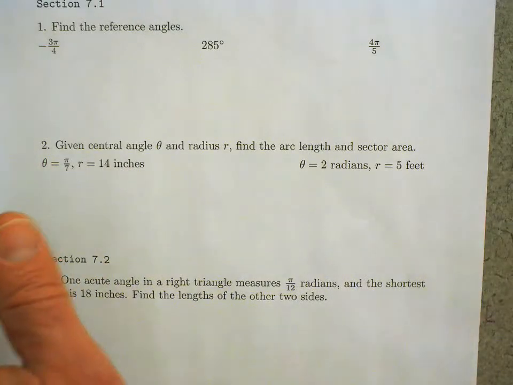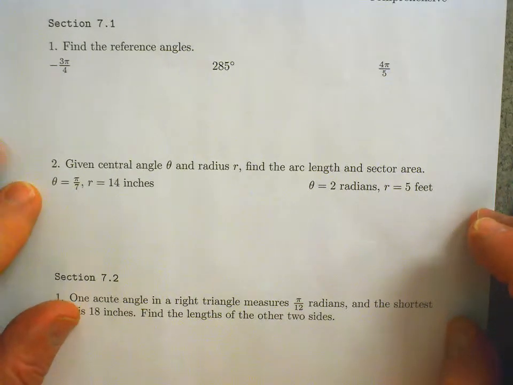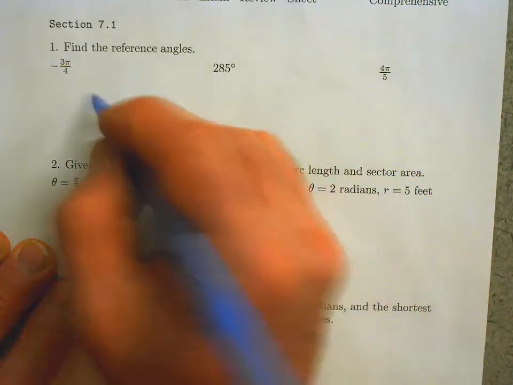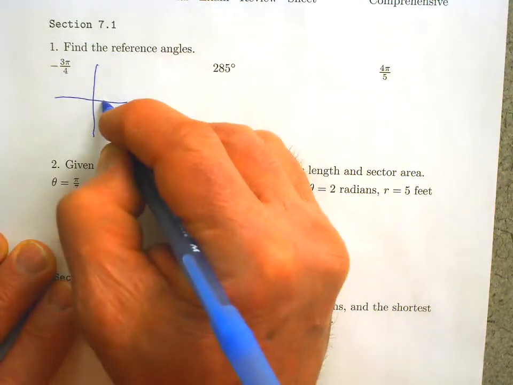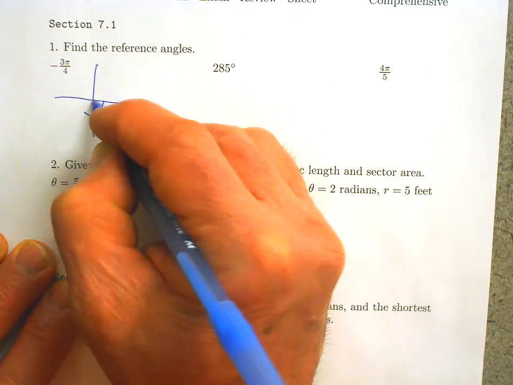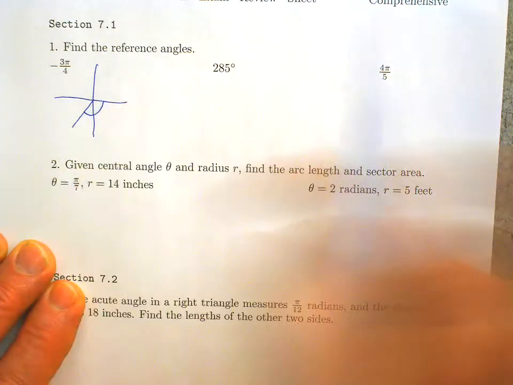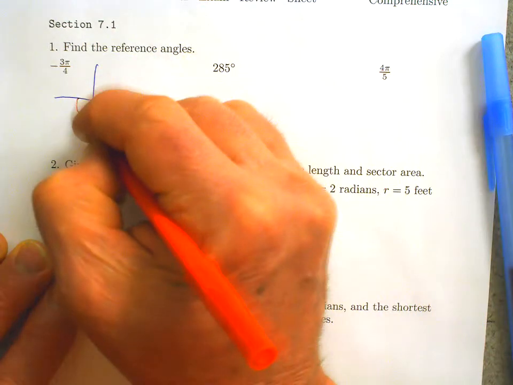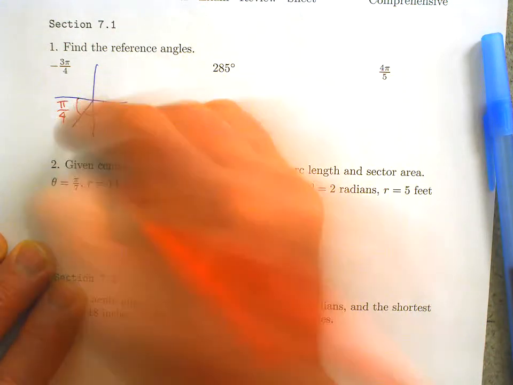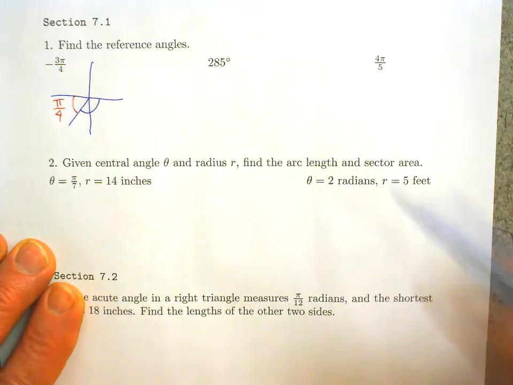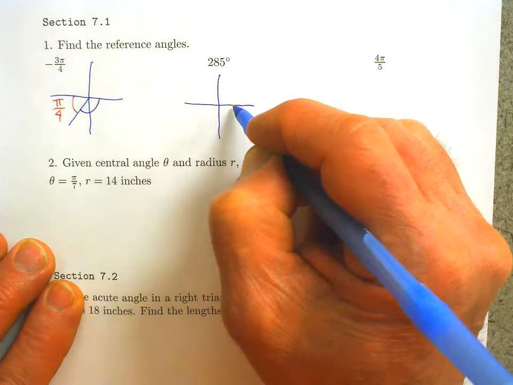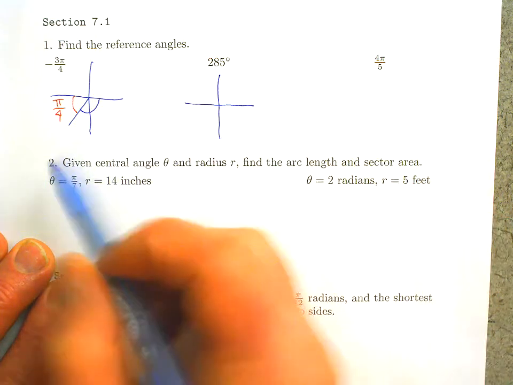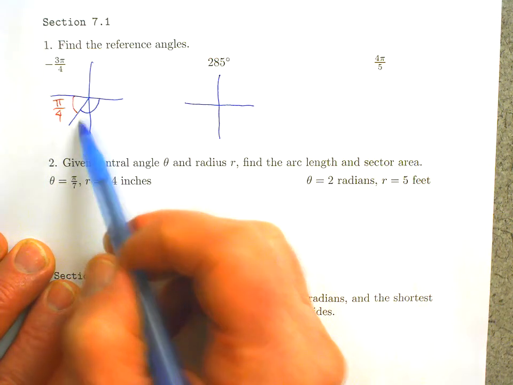Okay, the next page. Find the reference angles. So negative 3 pi over 4 counterclockwise, and then the reference angle is pi over 4. 285 degrees is counterclockwise. This one over here is clockwise.